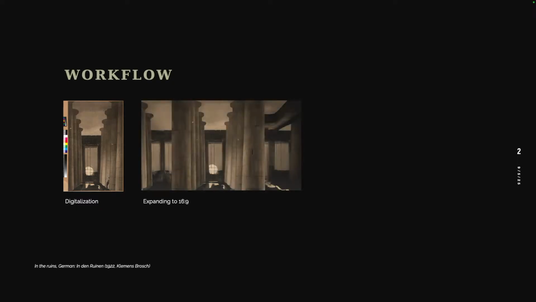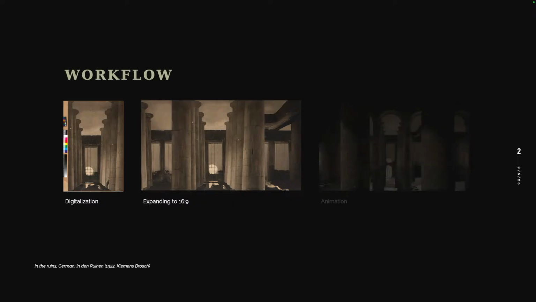So after developing the storyboard, which included 30 paintings of the artist, each image had to be prepared in Photoshop, so cropped, resized, and even expanded to a format of 16:9. For animating the paintings, we explored several workflows.